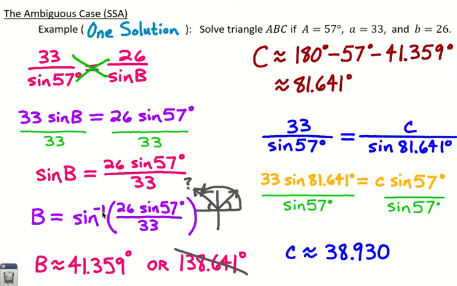This is what I would recommend as your red flag, not so much drawing the picture and going, hey, this is SSA. If you get to a point in your solving where you have to do an inverse sine, that's where you take notice and go, oh man, I have to consider not just the quadrant 1 angle answer, but also the quadrant 2 angle answer. And in this case, this one was unrealistic.